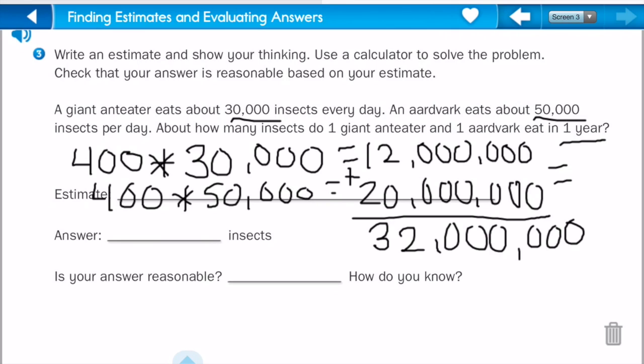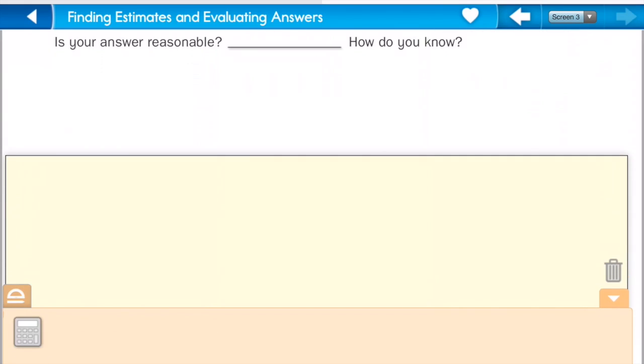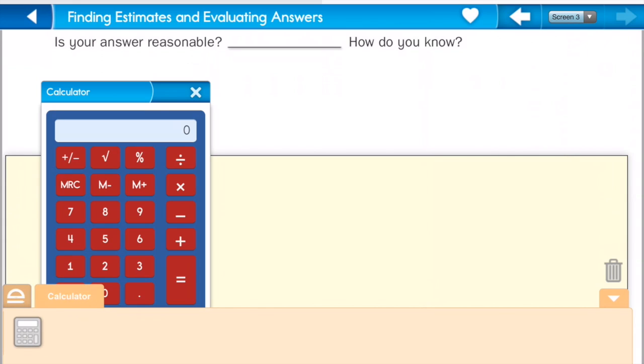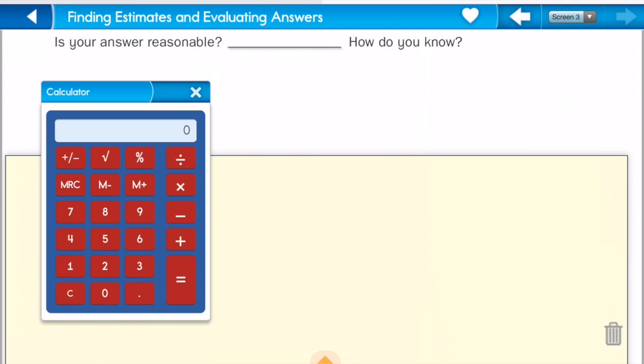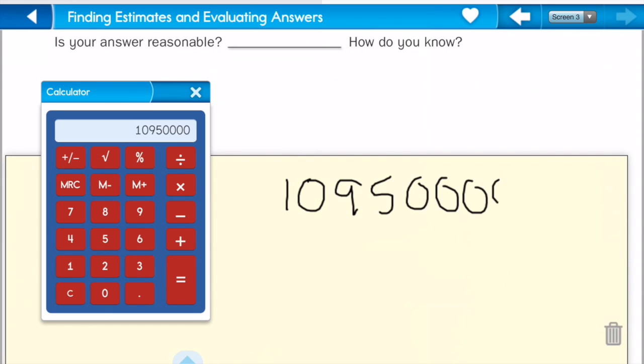Alright, so now let's find out what the actual numbers would be. Pull up our calculator. So let's do 365 times 30,000 equals about 10 million something.